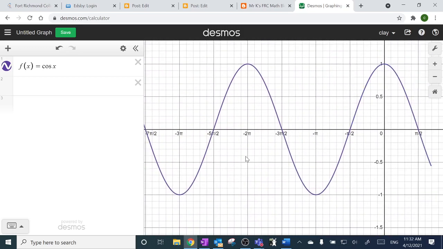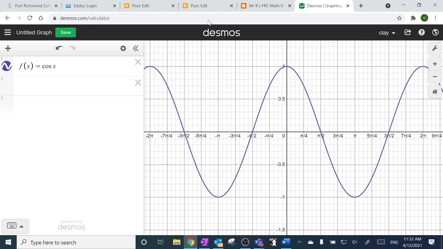Y is equal to cosine of x divided by 2, which again you could write as y equals cosine of, and then you need a bracket for this so that it knows that all of this is the angle.